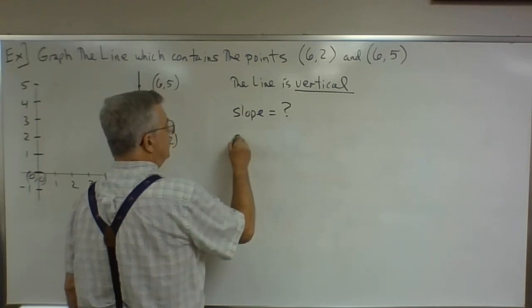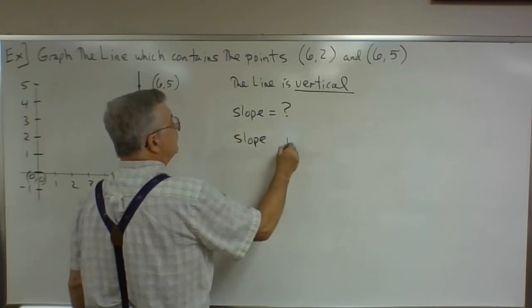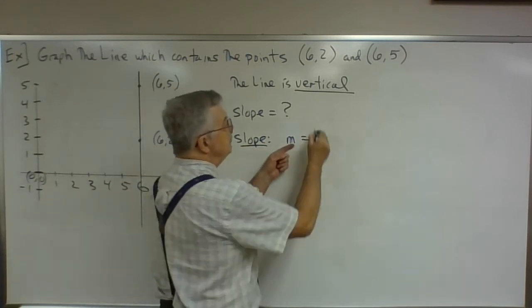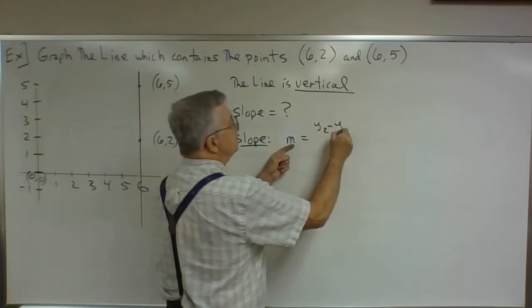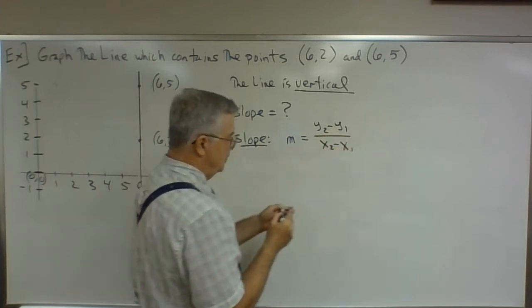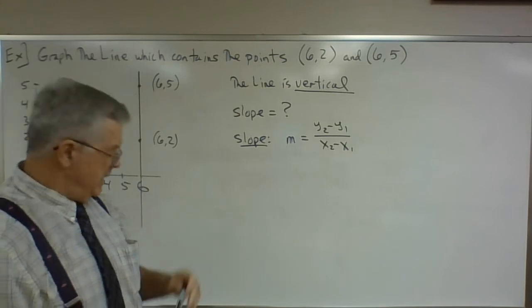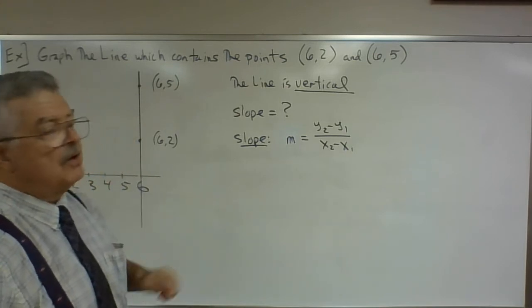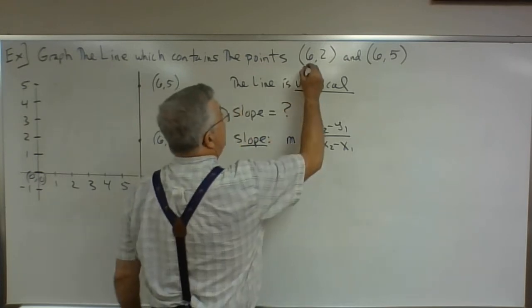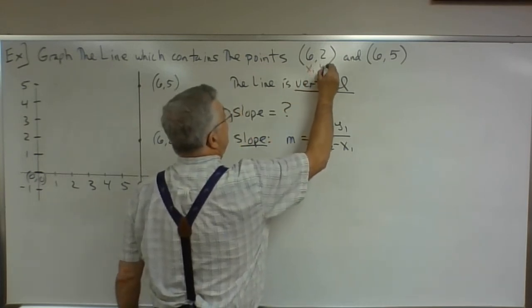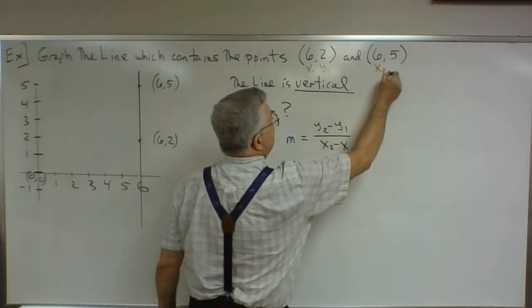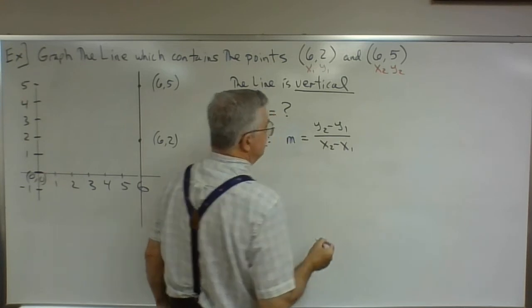What's the slope? Our slope formula says the slope m is equal to y2 minus y1 over x2 minus x1. So we have to get two distinct points. We'll call this the first point, x1, y1. We'll call this the second point, x2, y2.